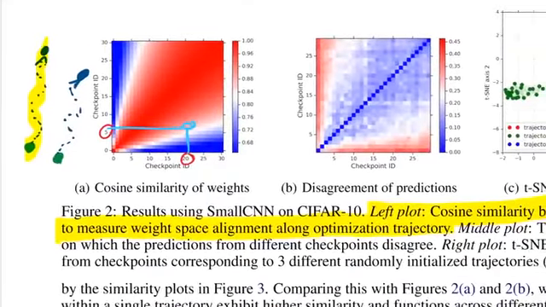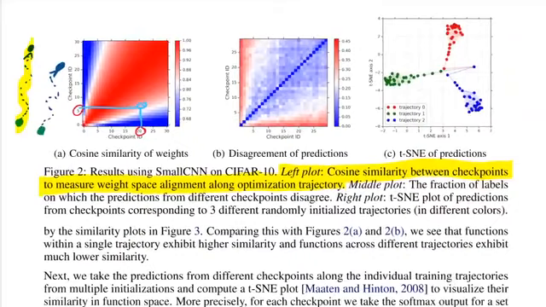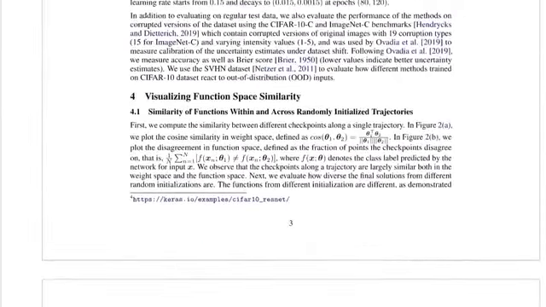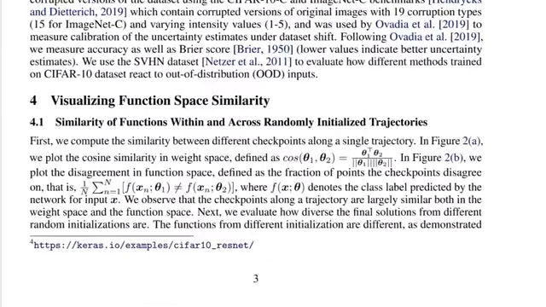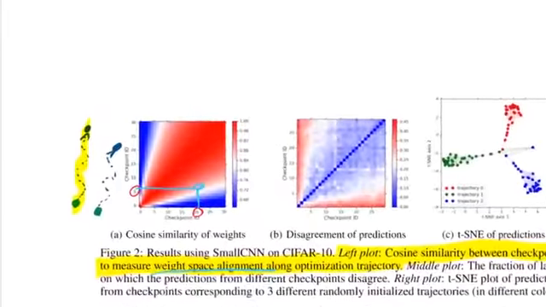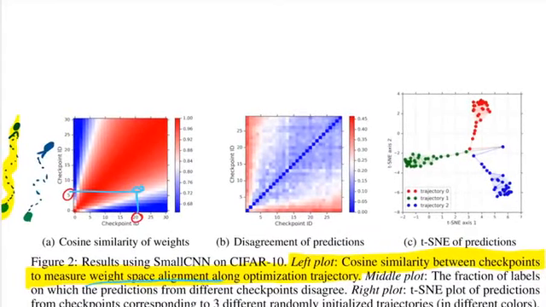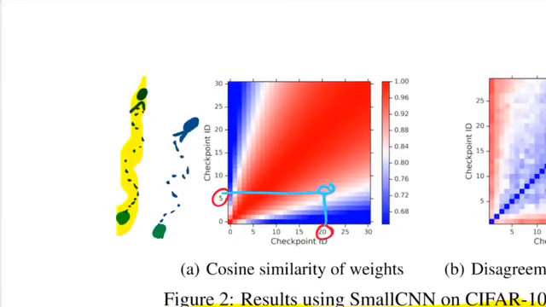Now, we have to read up how they compare the checkpoints, and this is weight space alignment. It basically means how much the weights align in the cosine fashion. As you can see right here, this is simply the cosine between the weights. This is one way of comparing two functions. If two functions align in weight space, there's a decent chance that they describe the same thing.